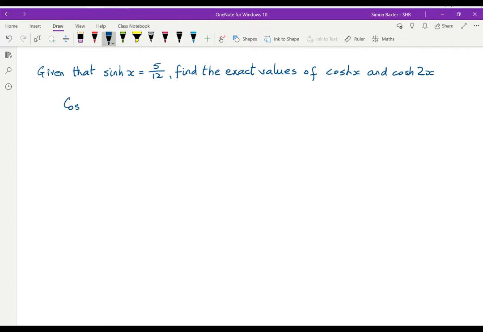Remember that cos squared x plus sine squared x is 1. Osborne's rule tells us that sine squared gives minus. So cos squared minus sine squared x is 1.